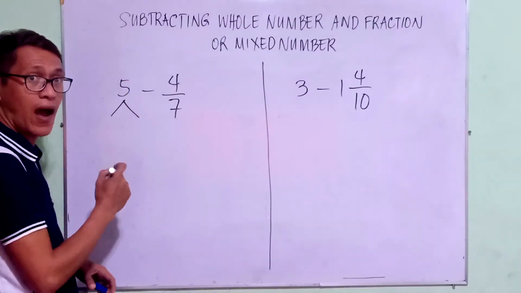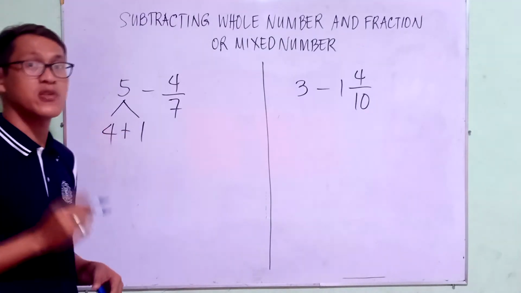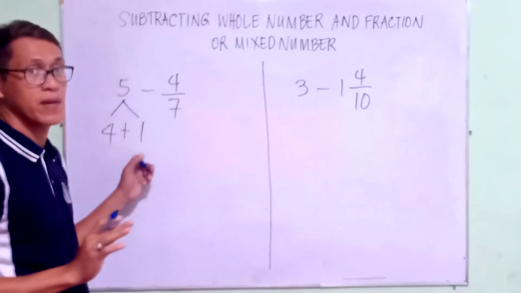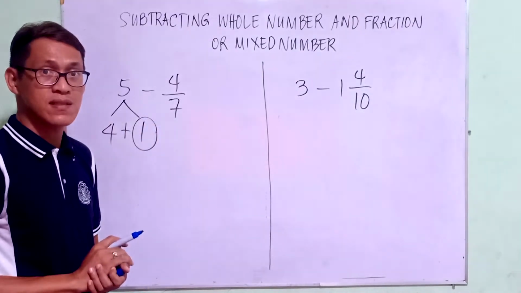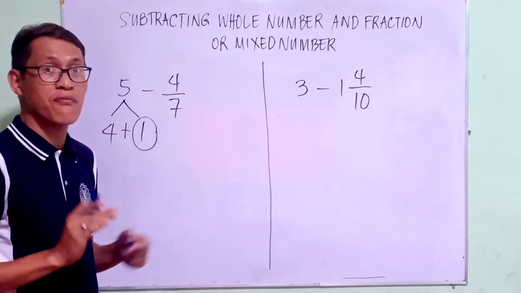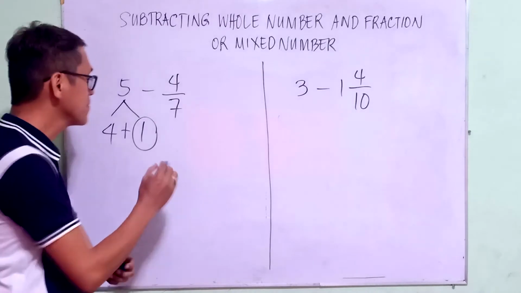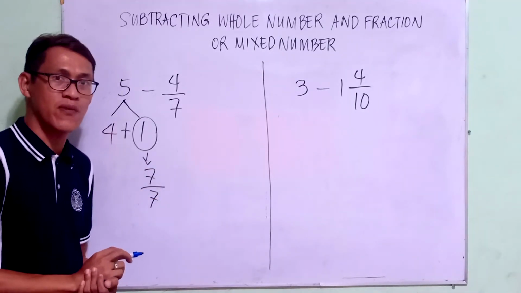Borrow 1 from 5, so that becomes 4. So you split 5 into 4 plus 1, and change 1 to a fraction. But be sure to use a fraction that is similar to 4/7, and that is 7 over 7. You're correct.